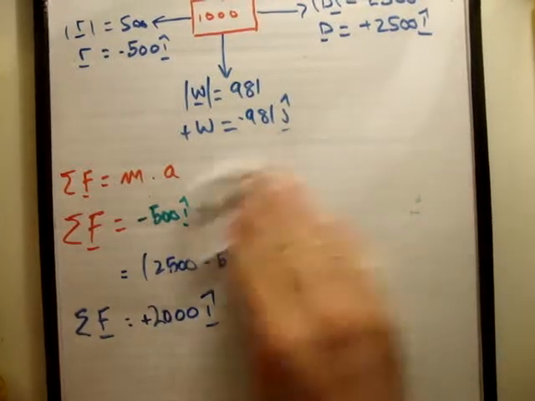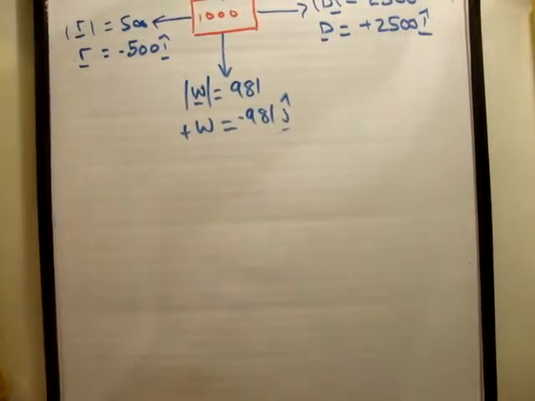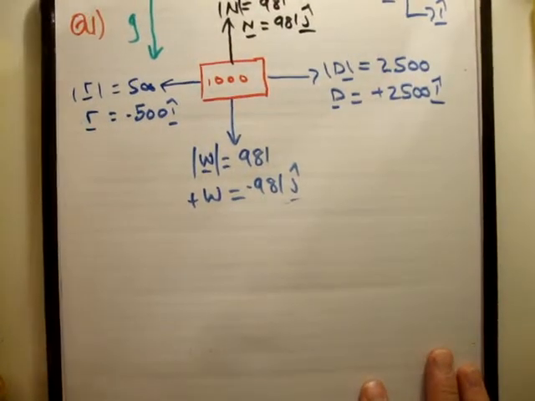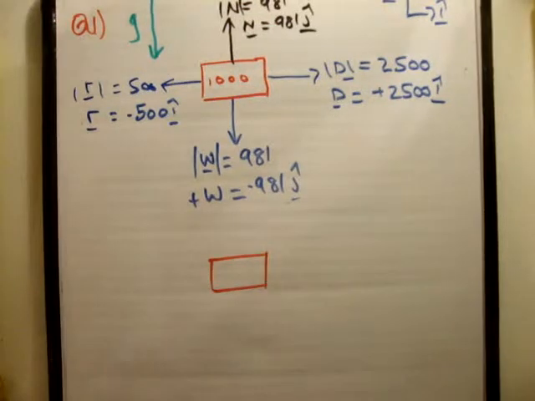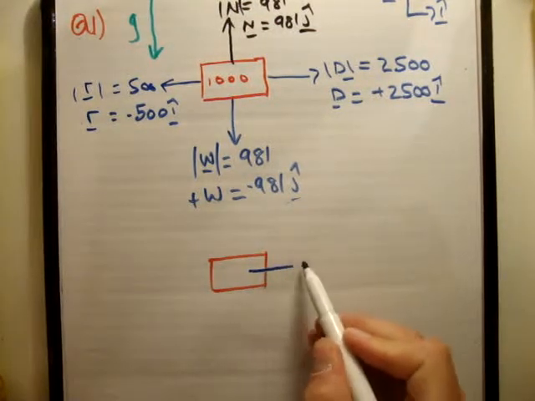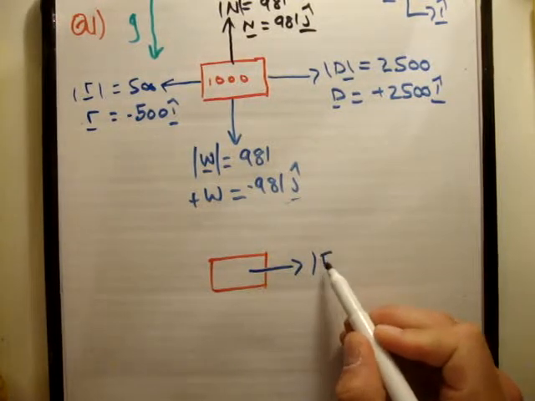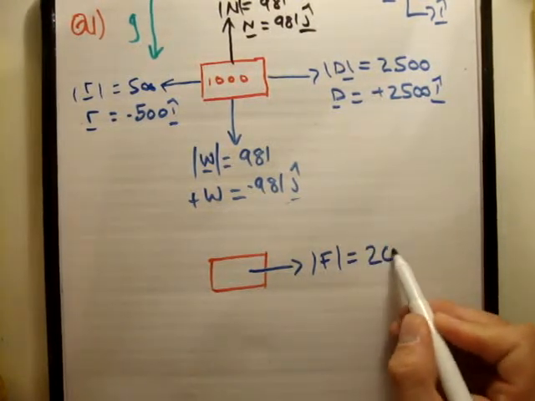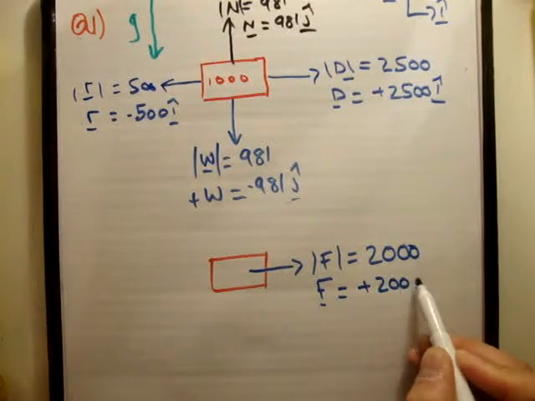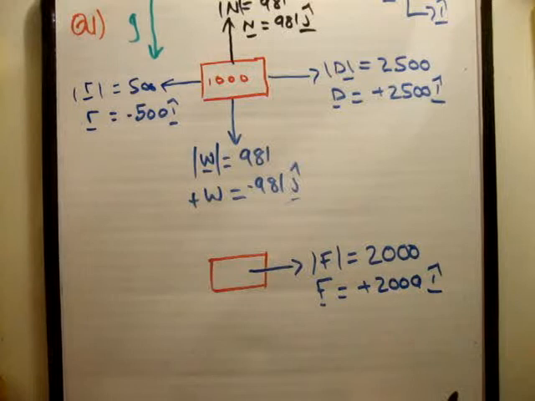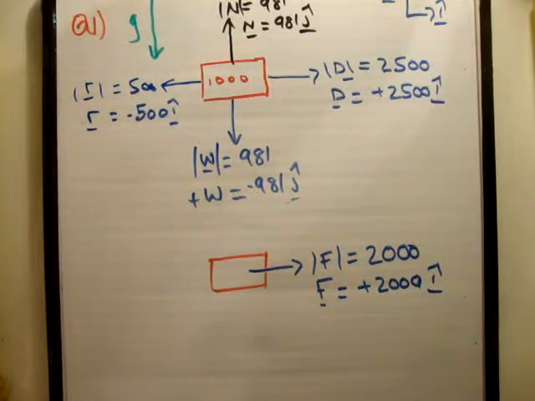Now, let's just rewrite that. What that means is that the overall effect of all of these vectors here is the same as having my car and applying a vector of the magnitude. We're going to say that the force magnitude is equal to 2000, and the force vector is equal to positive 2000 i hat. That's the overall effect of all those vectors.